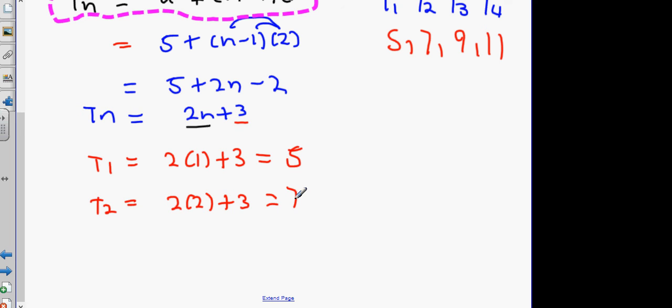So you can see that this equation will tell me any term I want. How would I find out what the 20th term is? Can anybody tell me? 2 times 20 plus 3, and that equals 43.